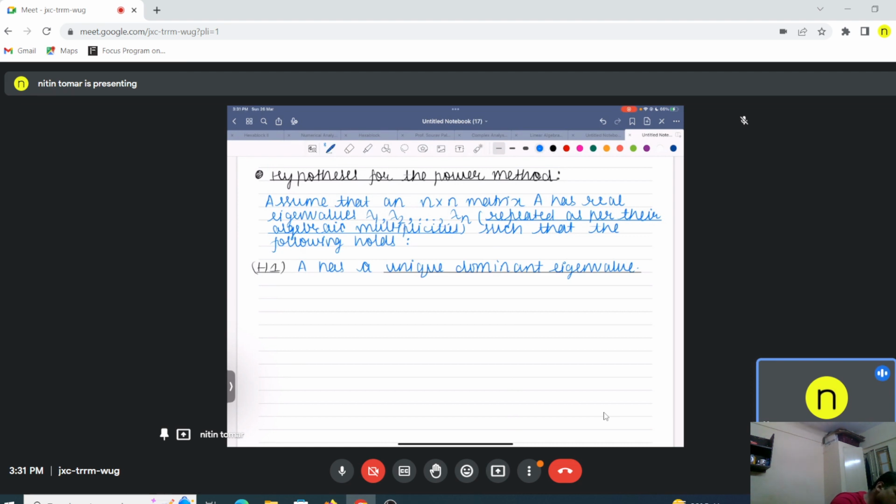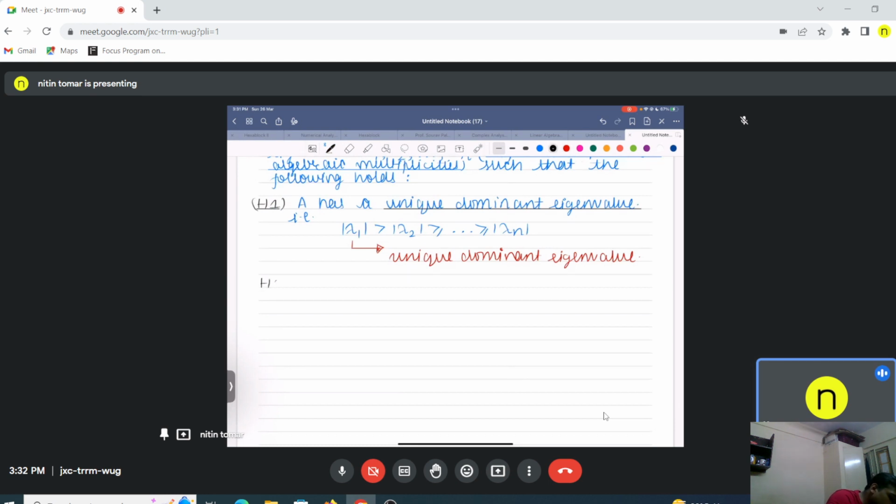We can write the eigenvalues in this way. This lambda 1, you see here you have only strict inequality. So this is actually the unique dominant eigenvalue.